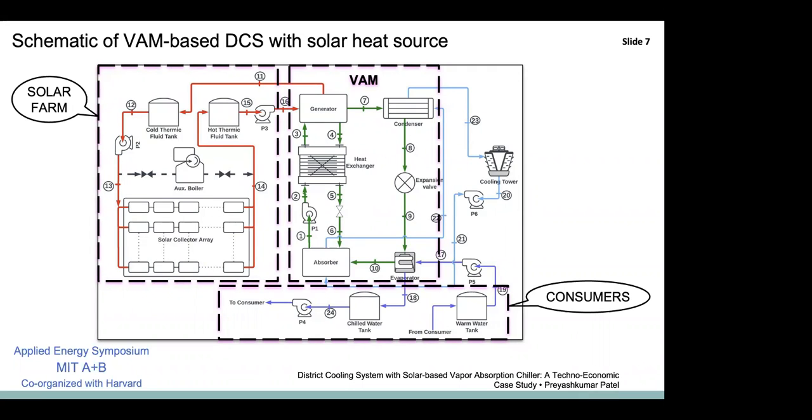When the thermic fluid is hot enough to pass to the vapor absorption machine, it is transferred to the thermal tank to provide a continuous flow to the machine. Then it goes to the machine, and the machine utilizes the heat energy to produce the chilled water, and that chilled water is then again stored in the chilled water tank, and is passed to the consumers as per their requirements.